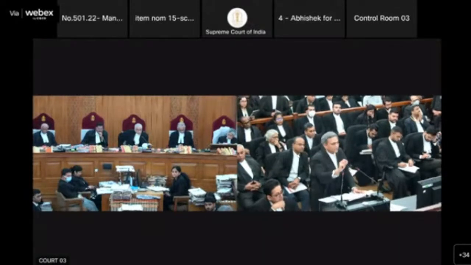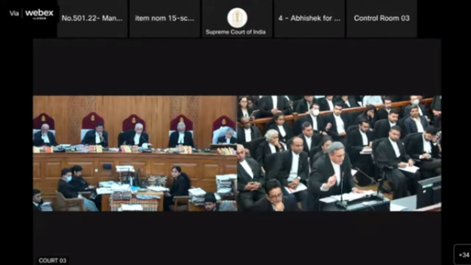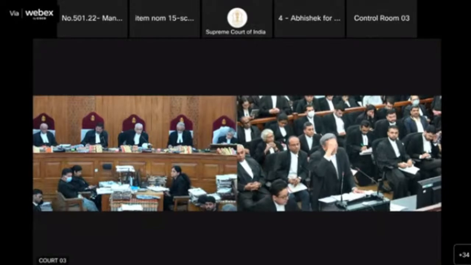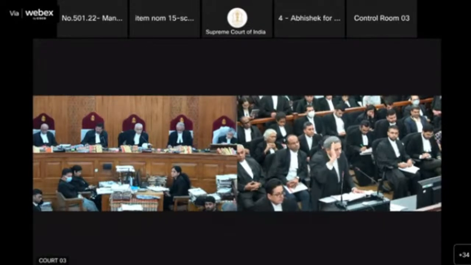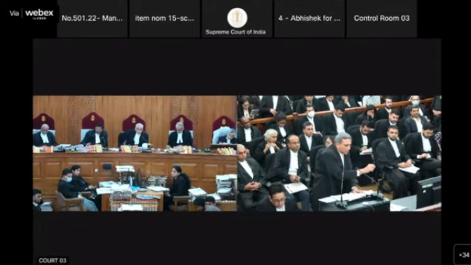So my first submission is excluding a category of NRIs who had money in India is arbitrary in our respectful submission. It is so manifestly arbitrary that it is under-inclusive, going under the traditional classification test. NRIs form a single class. Some carried the money out, some left the money here.